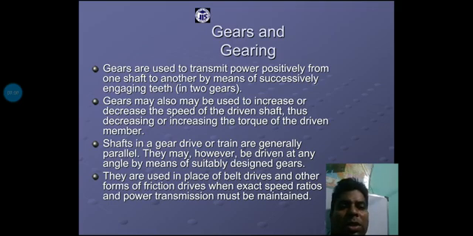That is the case of designing the spur gear. Next, they are used in place of belts and other forms of friction drives where exact speed rotations and power transmission must be maintained.